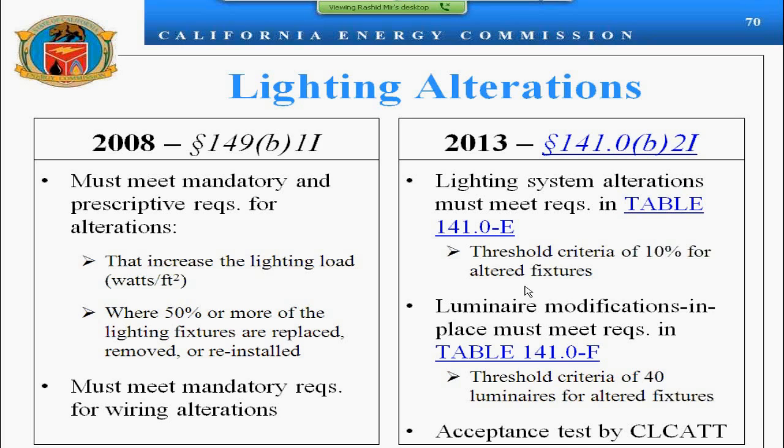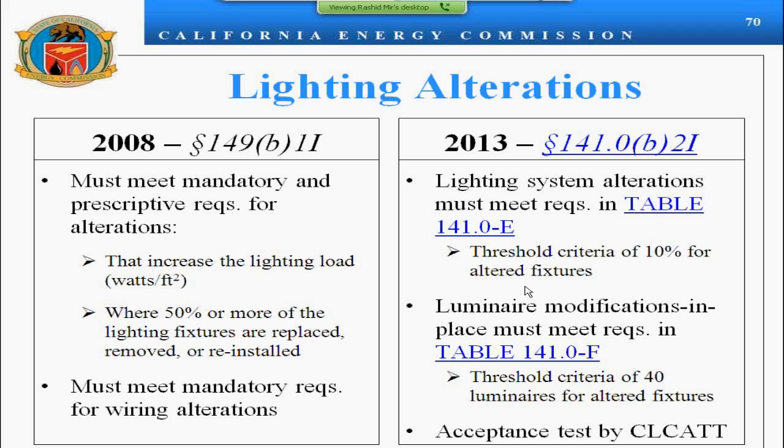All of these requirements will now be listed in Section 140.1.0 B2I. And what we say here is, to help simplify compliance, we do have a couple of tables. For lighting system alterations, they must meet the requirements in Table 141.0-E.